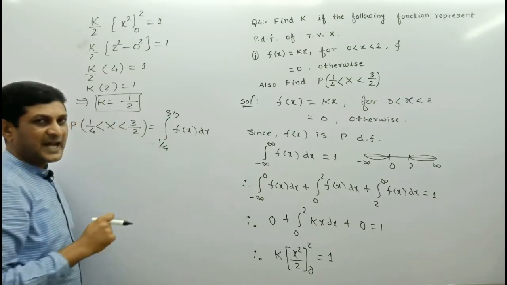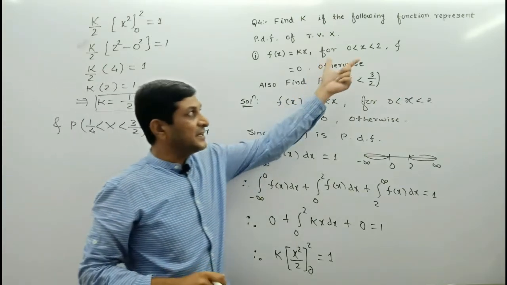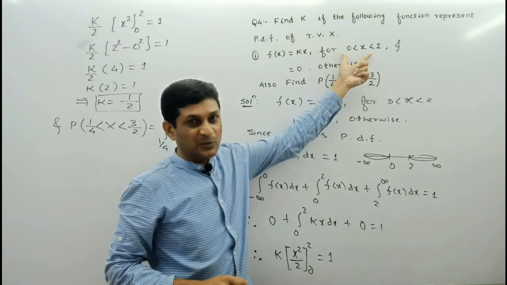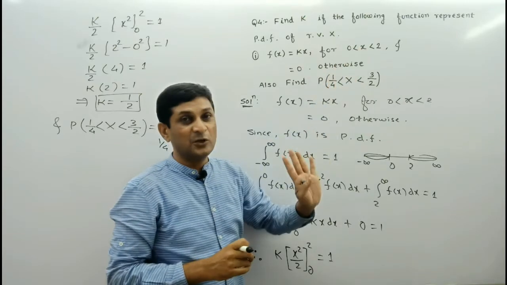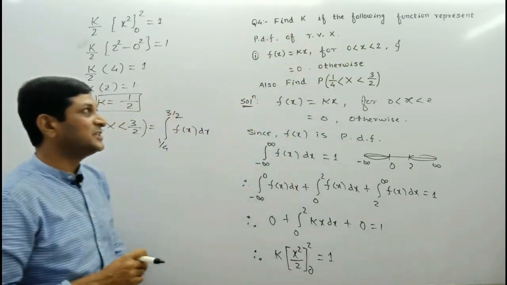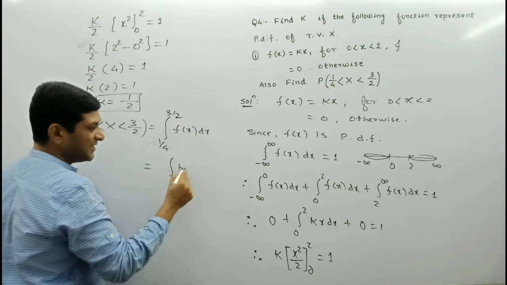Here we can observe that 1 by 4 to 3 by 2 lies between 0 to 2. This is a sub part, a small part of the interval 0 to 2, in which the value of the function is kx. So, it is equal to, I am just replacing f of x by kx.